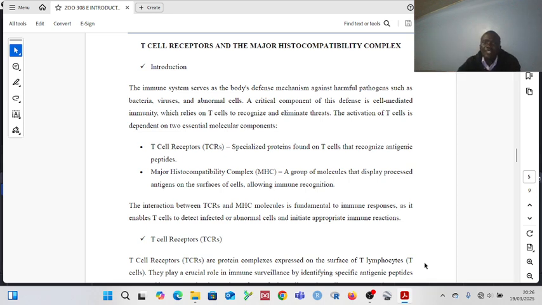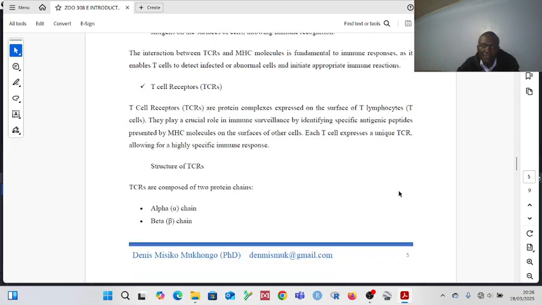So let's look at now the T cell receptors. As we've said, these are proteins that are expressed on the surface of the T cells, and they play a crucial role in immune surveillance, because the T cells now use these proteins to check around to identify the antigens, to identify the peptides that are specific to particular antigens.